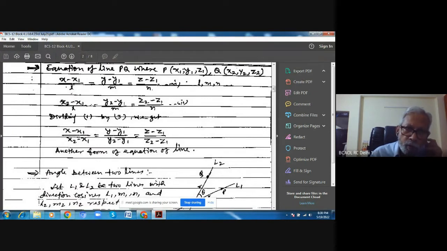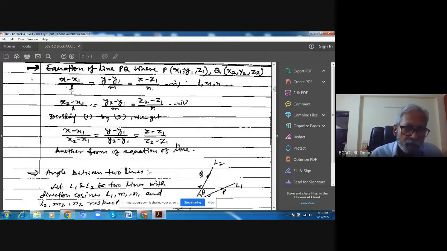Now, as we know, there are two points given. So x2 minus x1, then y2 minus y1, and z2 minus z1, n is given. Okay. So dividing 1 and 3, this is equation 1, this is 2. If we divide it, this portion is coming like this way, x minus x1, and this one.